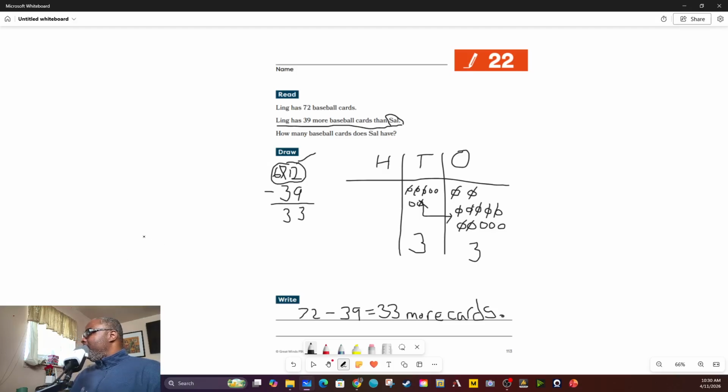Here's a bonus one. Let's make a number line way. So I'll make a number line, put the biggest number right here, which is 72, or the minuend, and then I have to compensate from 39. So what is my next benchmark number from 39, or basically what is my next 10 from 39? It will be 40.